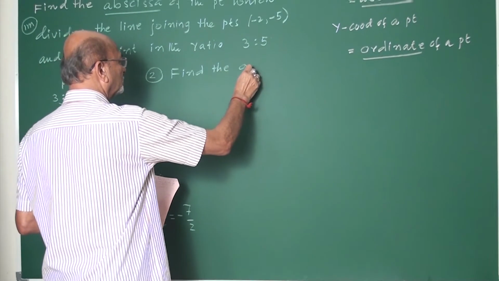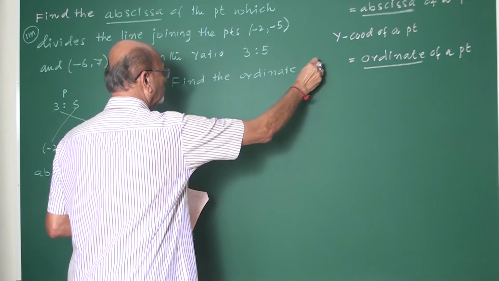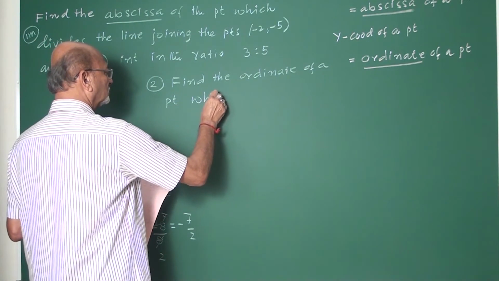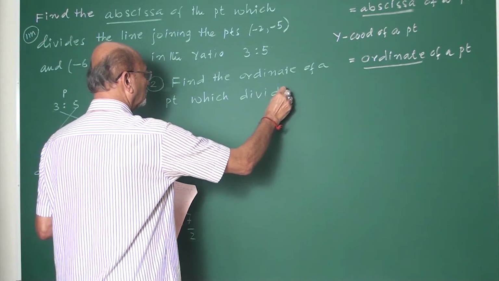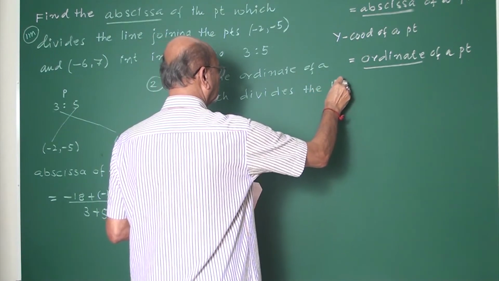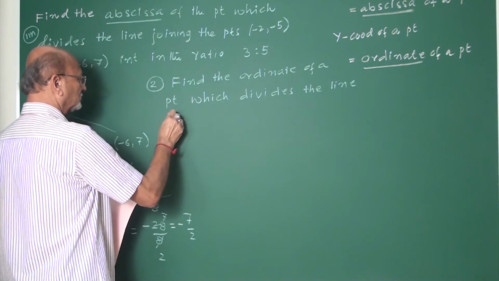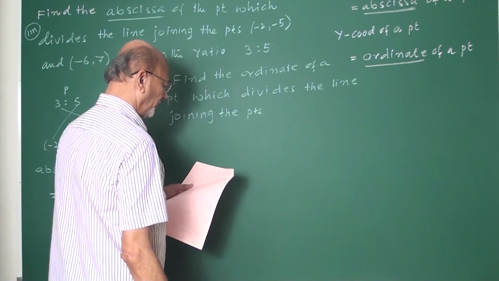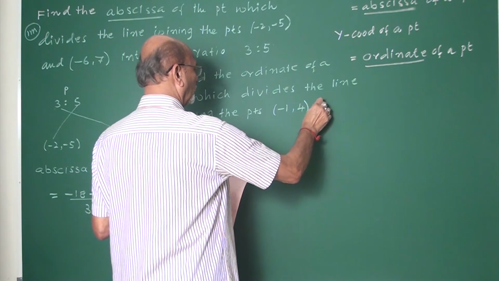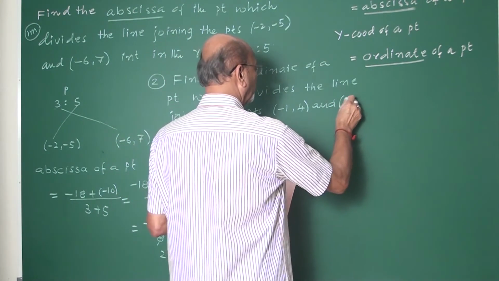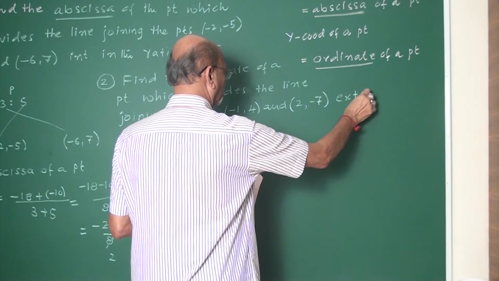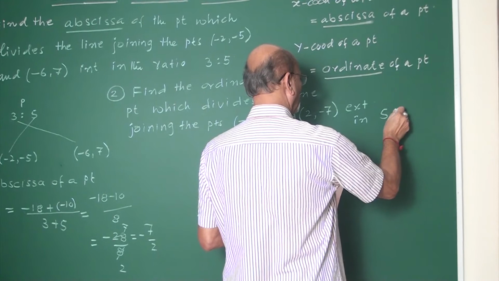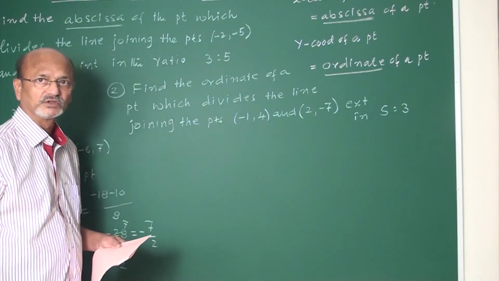Find the ordinate of a point which divides the line joining the points (-1, 4) and (2, -7) externally in the ratio 5:3.